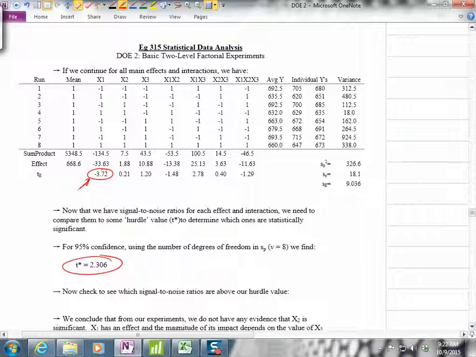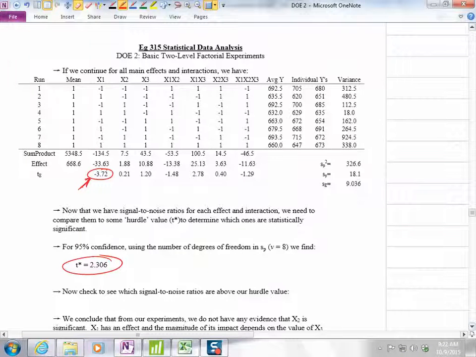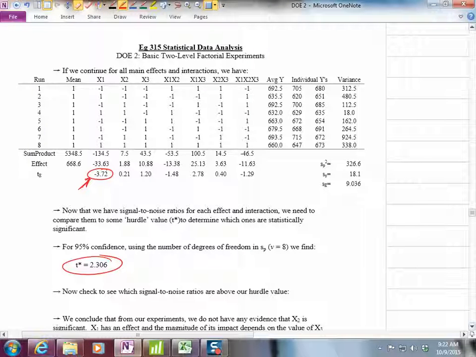Remember, when we're saying this is significant, what we're doing is very quickly a hypothesis test on X1. Is the X1 effect 0 or not? And since 3.72 is further out in the tails than negative 2.3, we say yes, X1 is doing something. And over here, we say the X1, X3 interaction is doing something.